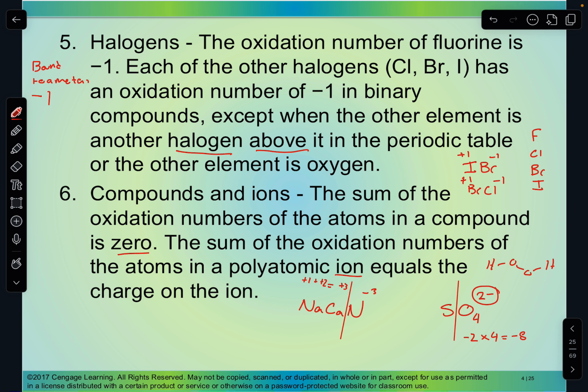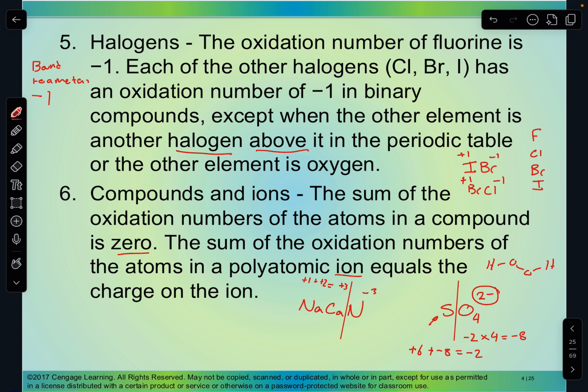And keep in mind, we have a 2- charge on the right-hand side already. So whatever the charge of sulfur is going to have to be such that the overall charge is going to equal -2. So +6 plus the overall charge on the negative side, -8, is going to be -2.